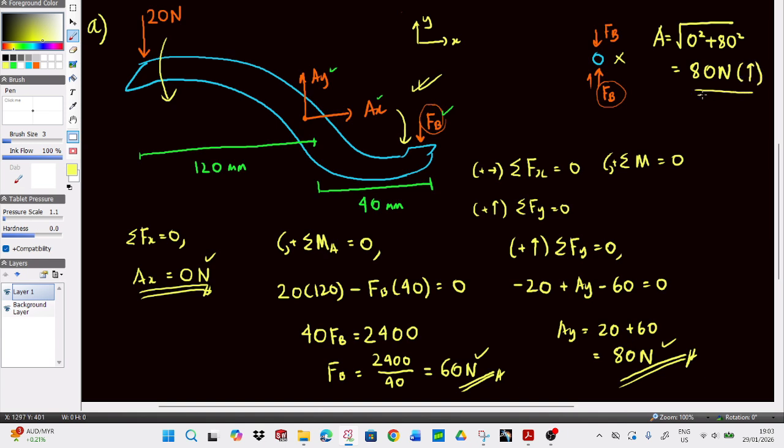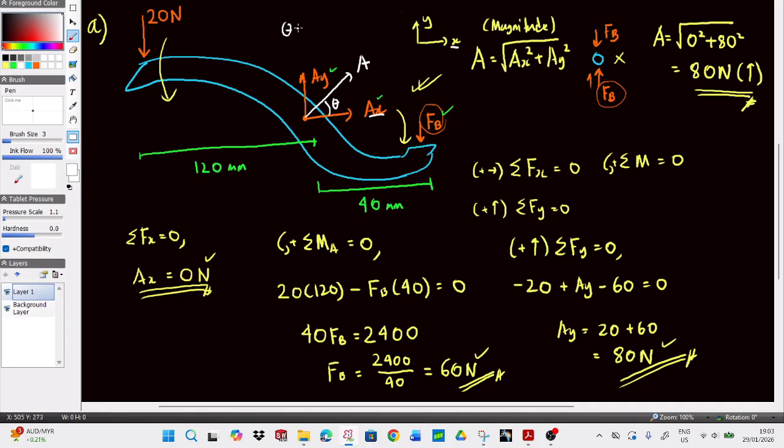So this is basically the final answer, because the resultant force is the square root of your x component squared plus your y component squared. That's the magnitude. And the direction would normally be, let's say, for example, if Ax is not 0 and you want to find the direction, that's theta, with reference to the positive x-axis.